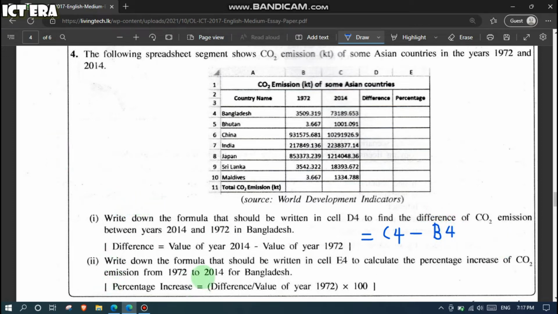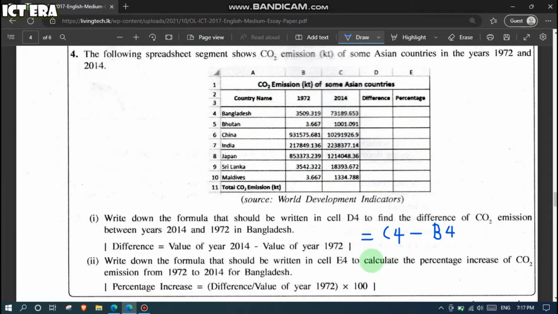Then next one, write down the formula that should be written in cell E4 to calculate the percentage increase of carbon dioxide emission from 1972 to 2014 for Bangladesh. So the clue is percentage increase equals difference divided by value of year 1972, times 100.